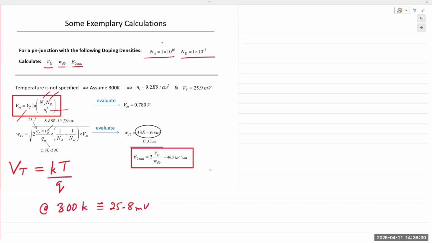Sometimes you see 25.9, it's rare, but some books use 26 millivolts. I'm informing students right now, do not use 26 millivolts.